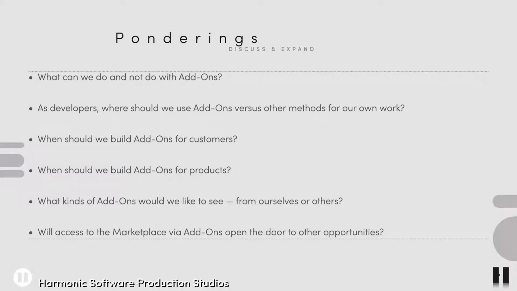Claris has built an add-on section of the marketplace, so they're clearly going to put energy into that. Is it kind of like a gateway drug, right? If someone downloads an add-on, what else does that engender? Maybe that add-on is a hookup to a whole other product or a whole other subsystem that you can sell or offer and so forth.